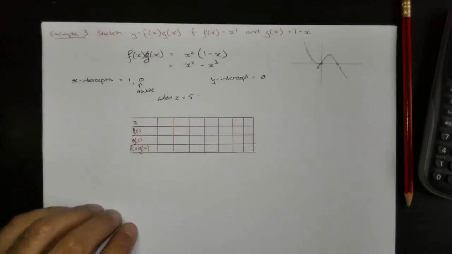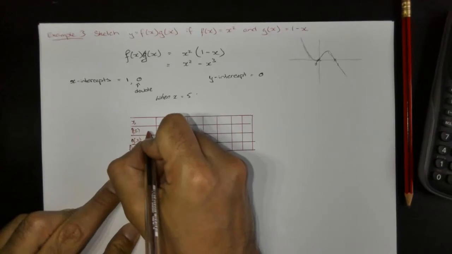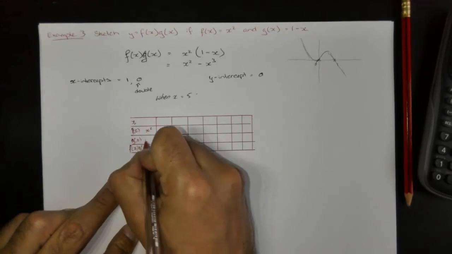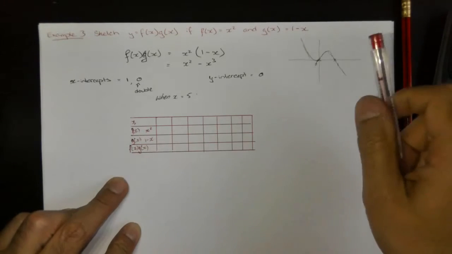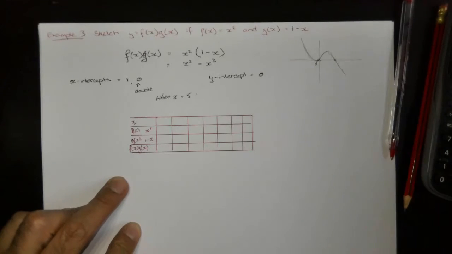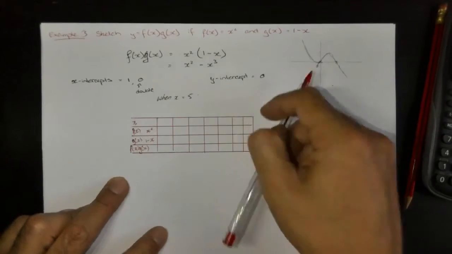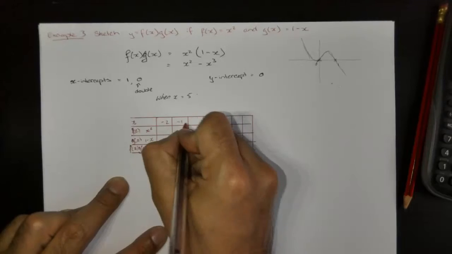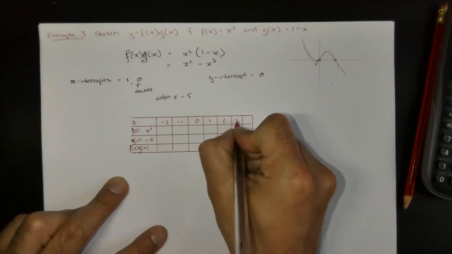Okay. So that was x squared, and this is 1 minus x. So we'll do values of minus 2, minus 1, 0, 1, 2, 3, 4.